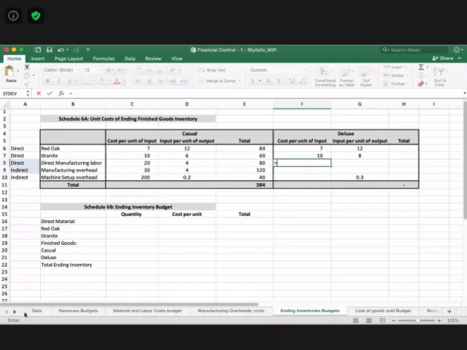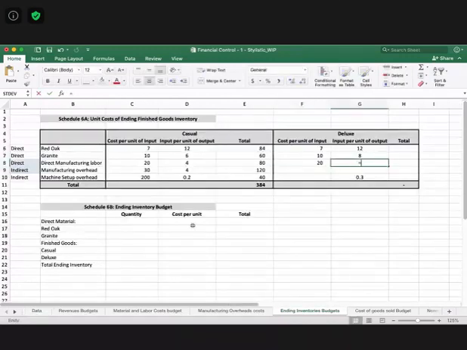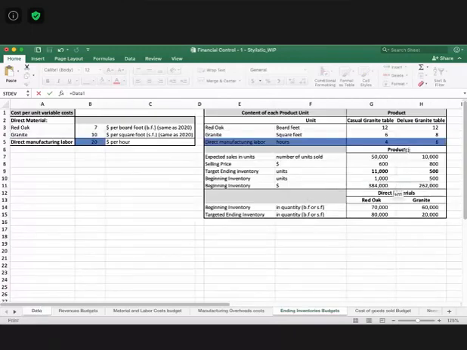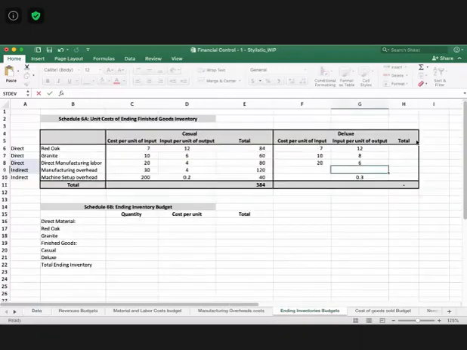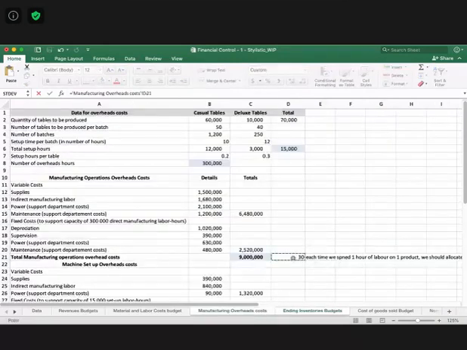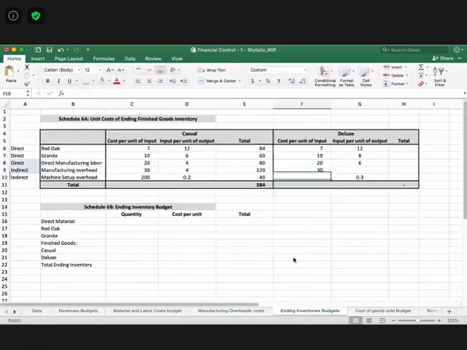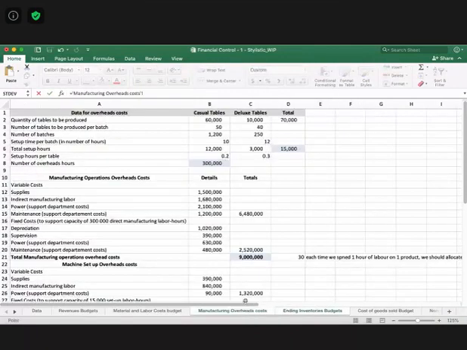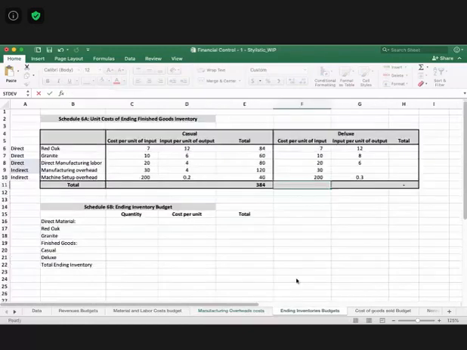The cost per unit of labor hour is 20, and the number of hours I need for it is also a little bit higher because it's a deluxe product. The cost for 1 hour of manufacturing indirect cost is 30, and for the setting up it's 200.